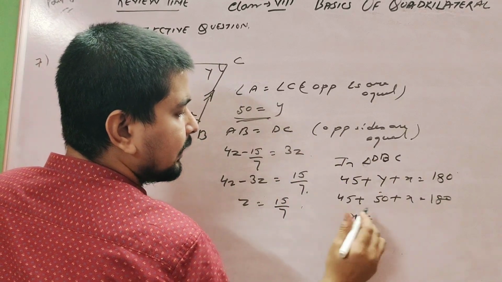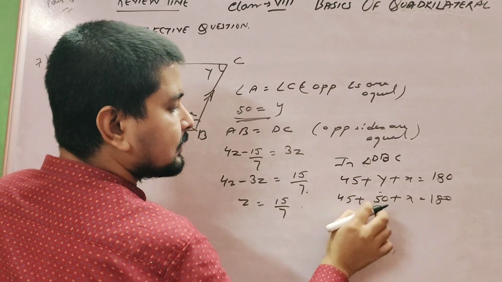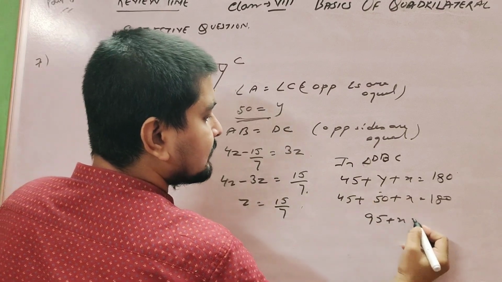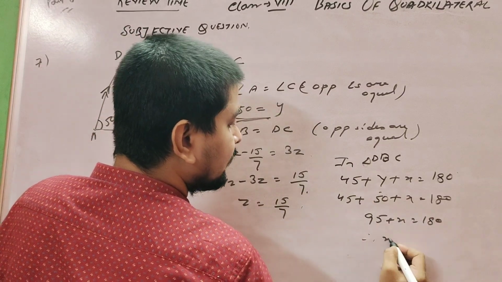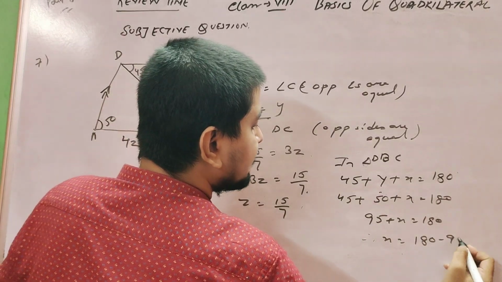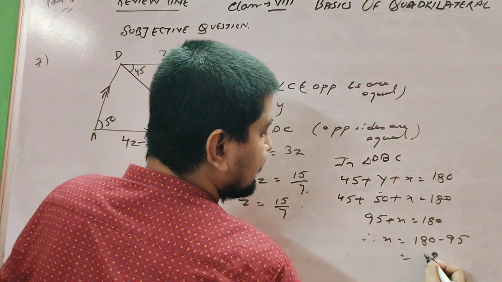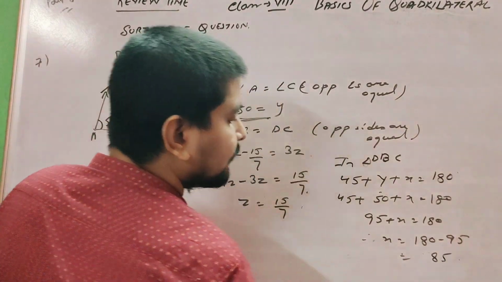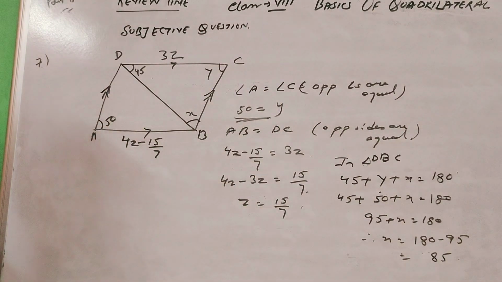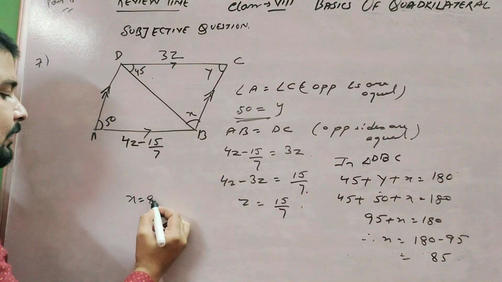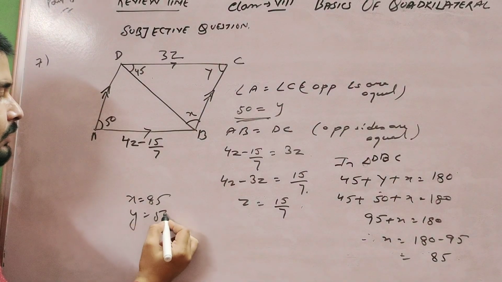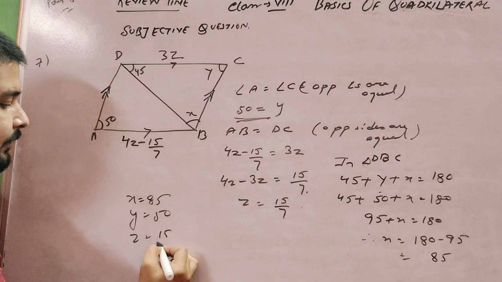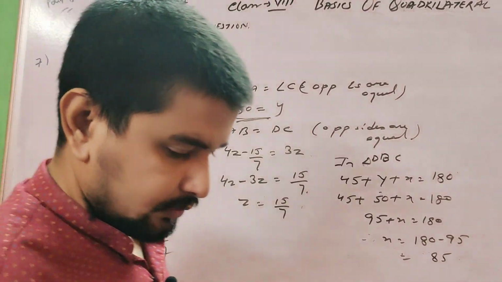So 45 plus 50, that is 95, plus x equals 180 degree. Therefore x equals 180 minus 95, that is 85. Okay, so x equals 85, y equals 50 and z equals 15 by 7.